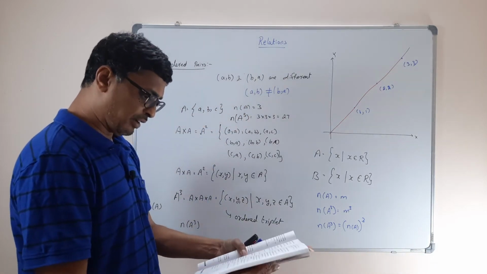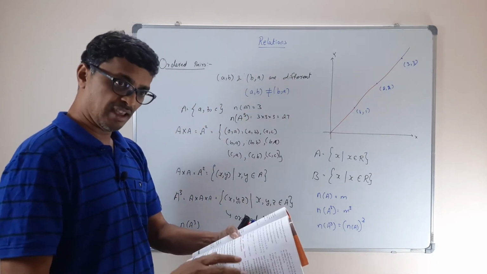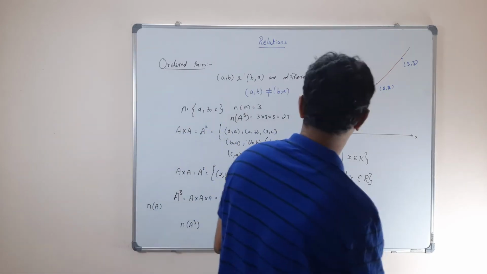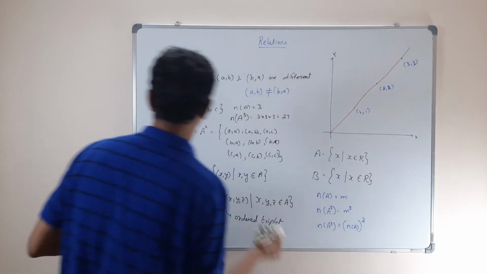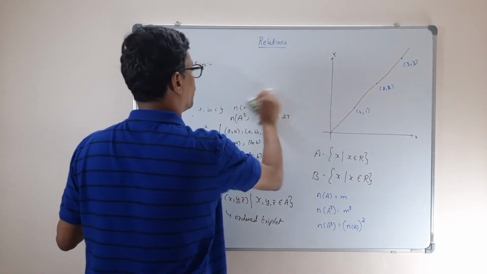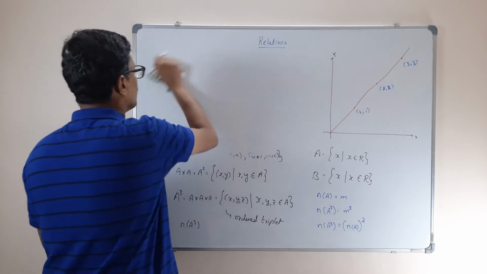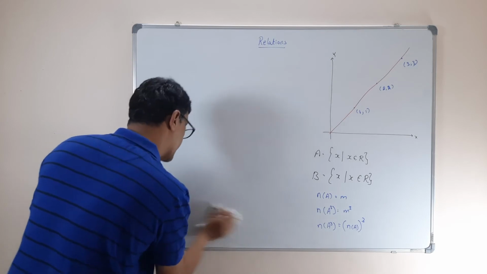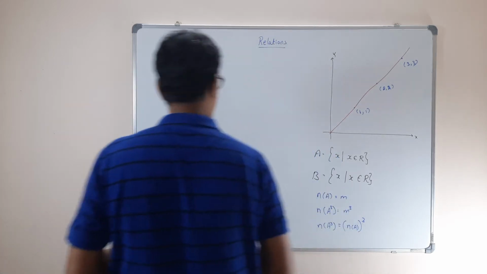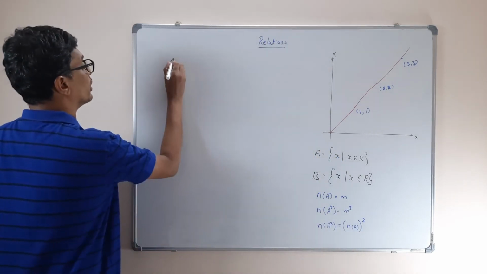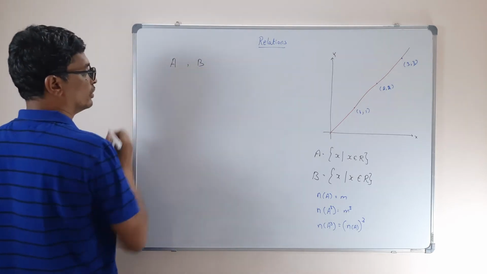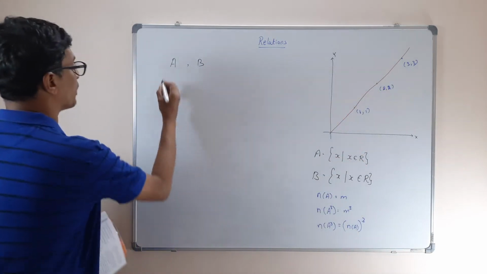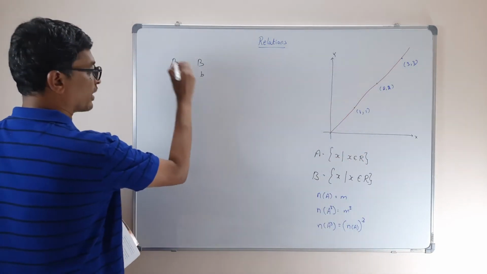So what they have written is a well-defined relation between the elements of A and B. Suppose we have two sets, let us call them A and B, and let me represent the elements of A as a and the elements of B as b.